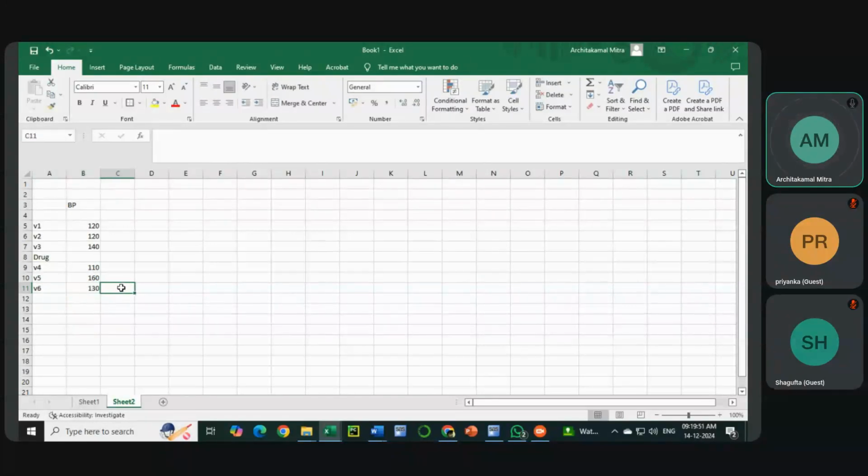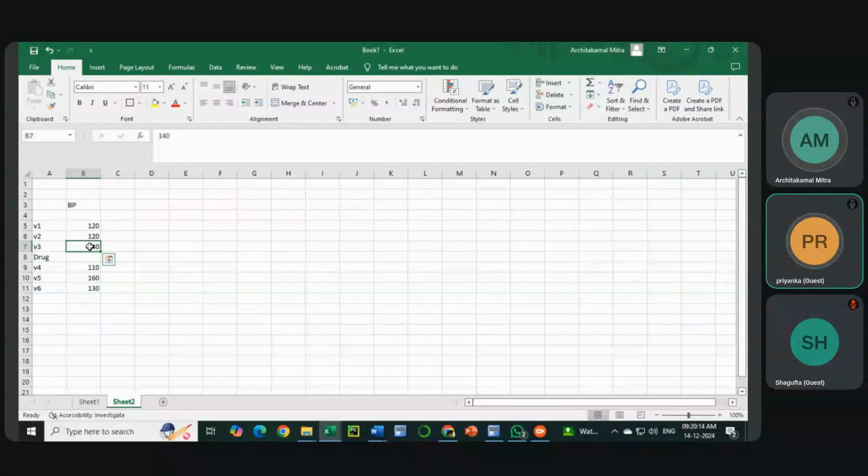Now tell me, just before taking the drug, what was the BP of the person? 140. Okay, 140. Correct.